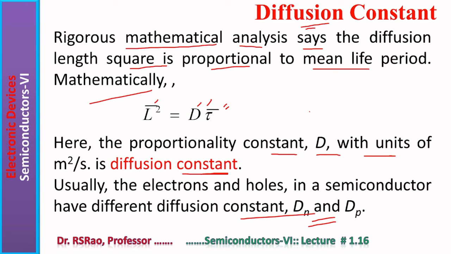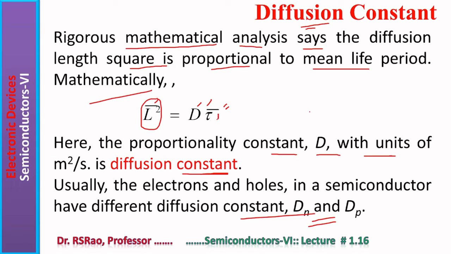That distance is the diffusion length. Individual electrons and individual holes have their own different diffusion lengths. Individual diffusion lengths are not that important, but the average diffusion length is an important parameter in semiconductor physics. L bar indicates the average diffusion length.